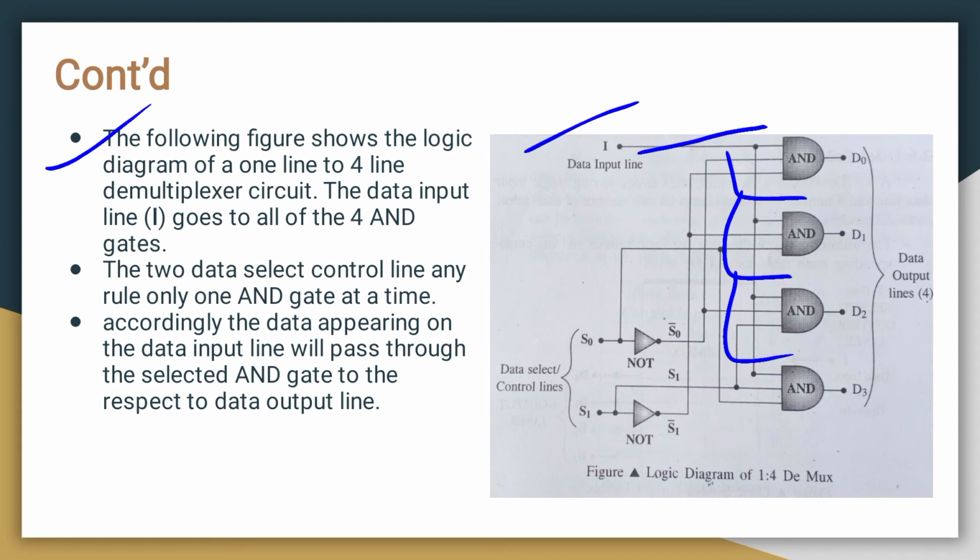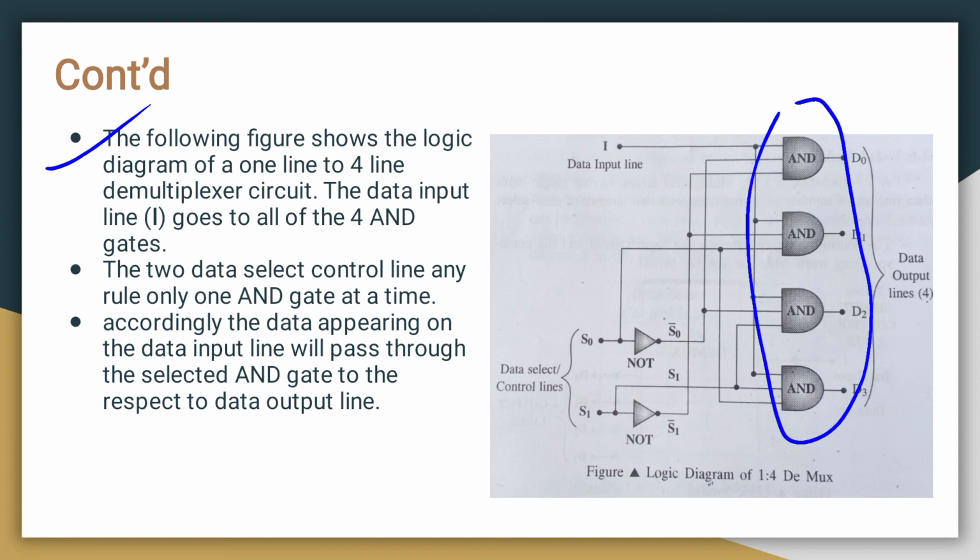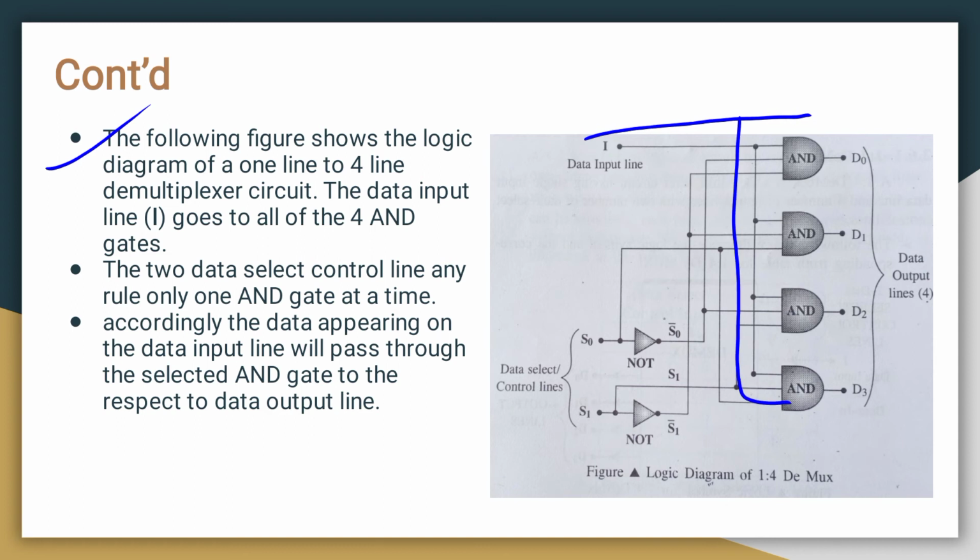So first you have to draw the 4 AND gates, then take the I line and connect it to all the AND gates. Then go for the second one, that is the selector.